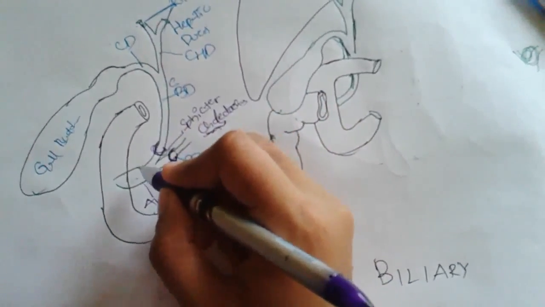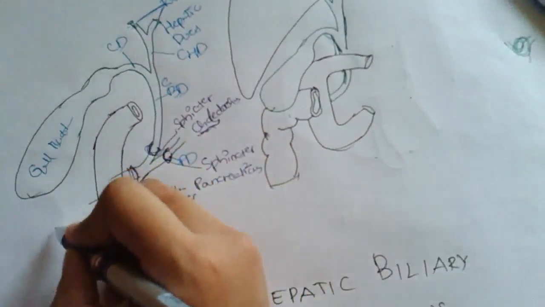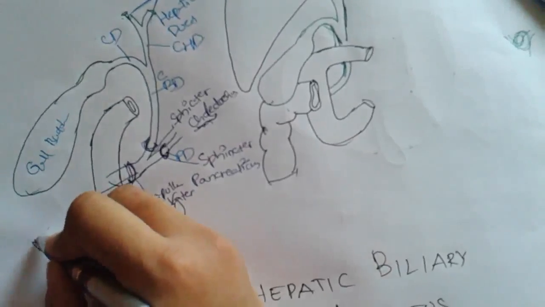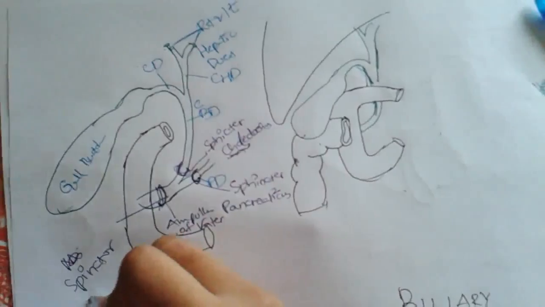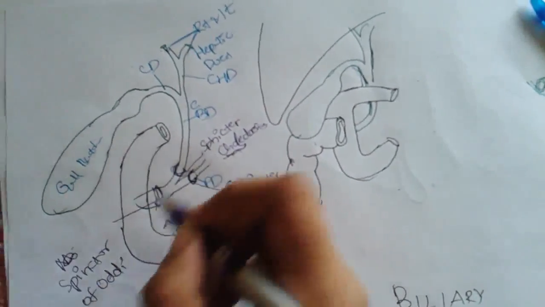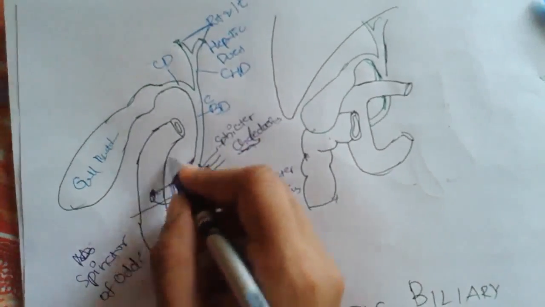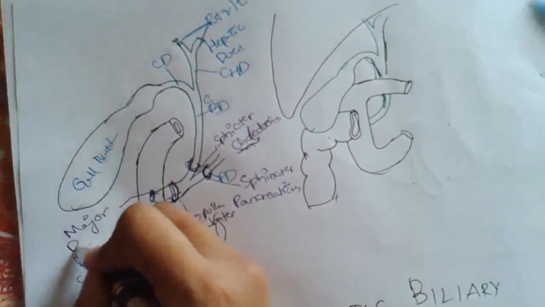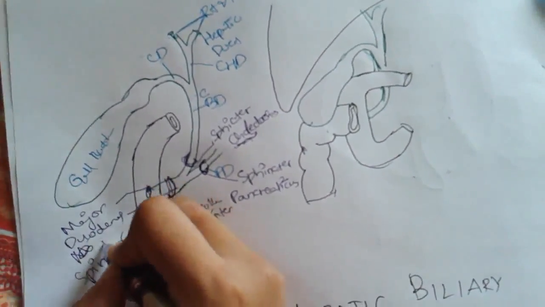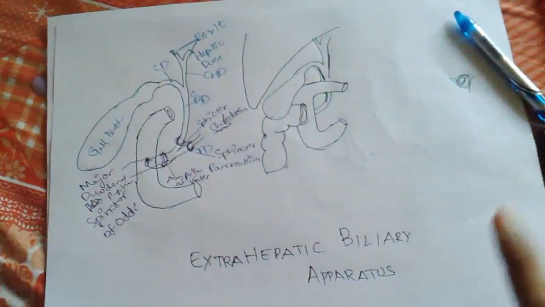This ampulla of Vater is surrounded by the sphincter of Oddi. This opens into the second part of the duodenum at the major duodenal papilla. So all this part is the extrahepatic biliary apparatus.